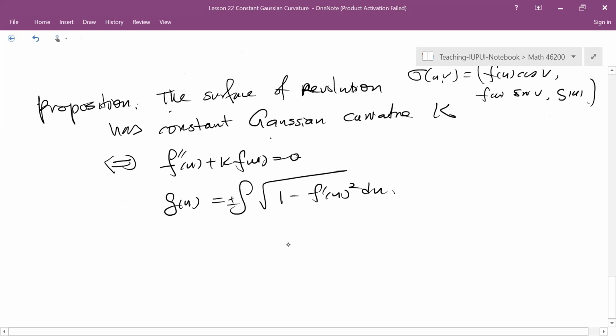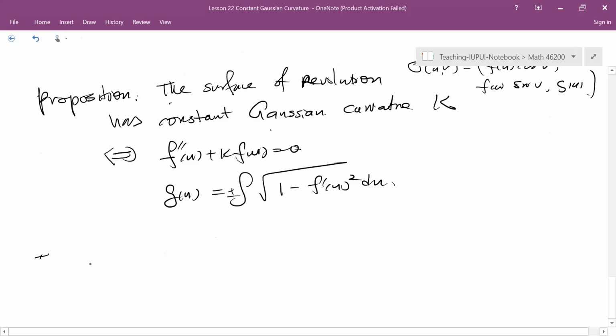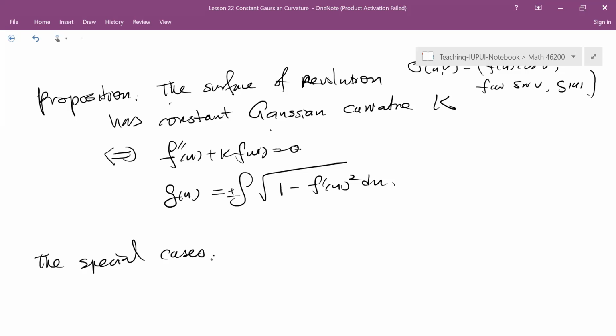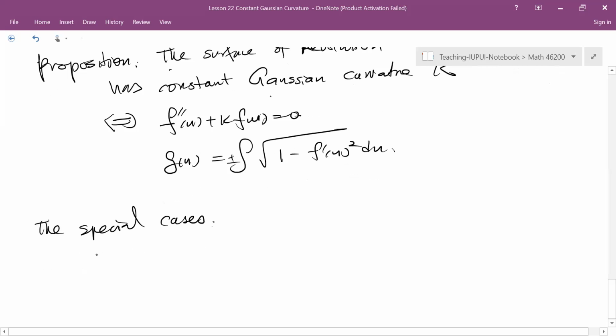Now let's take a look at some special cases. Case 1, k equals 1.